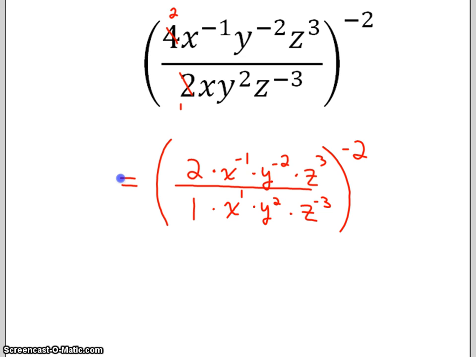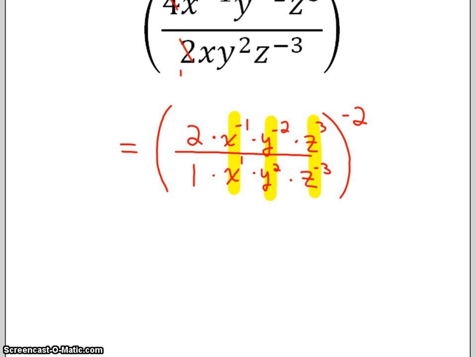Now notice right here, these x's, it's an x to some power divided by an x to some other power. So in that case, we have to subtract the exponents. Now when you apply that quotient property, the answer goes in the numerator. The same thing's going to happen here with the y's, the same thing's going to happen with the z's. We're going to be putting our answer in the numerator when we do this.